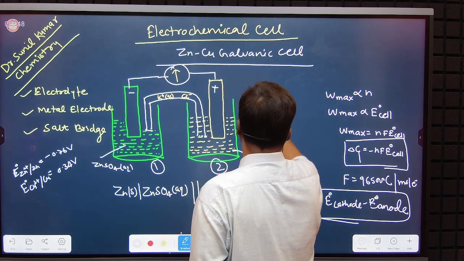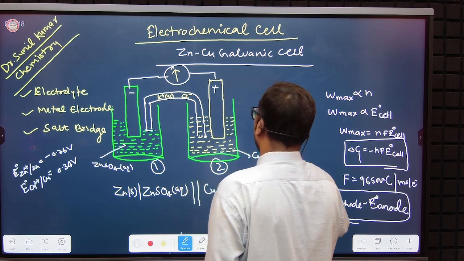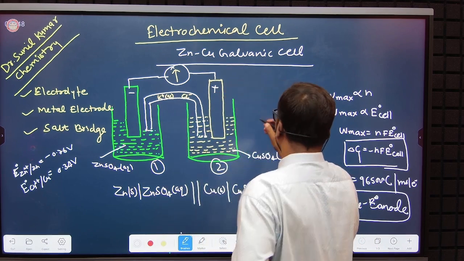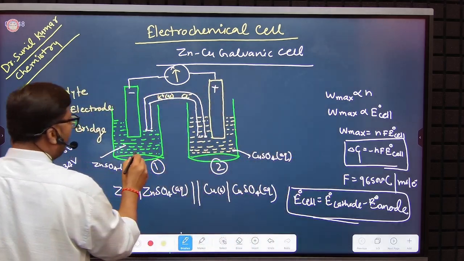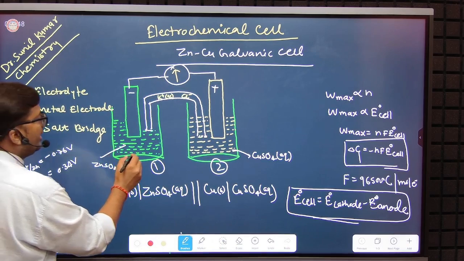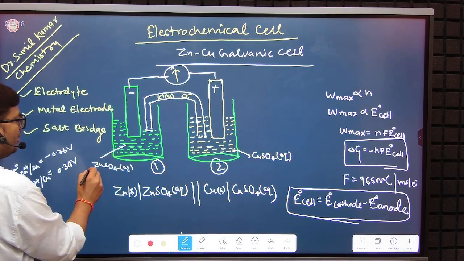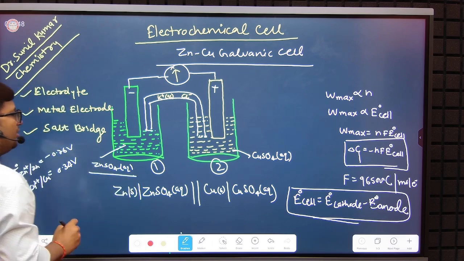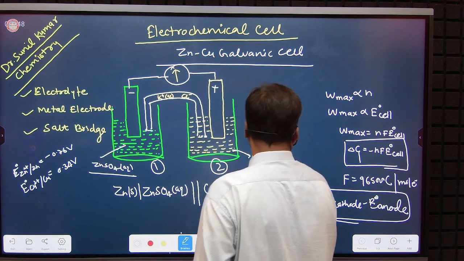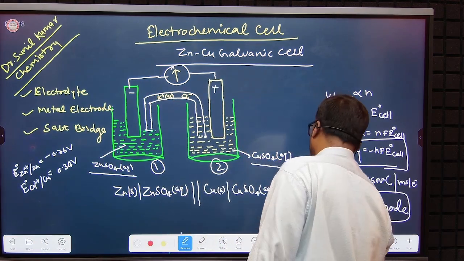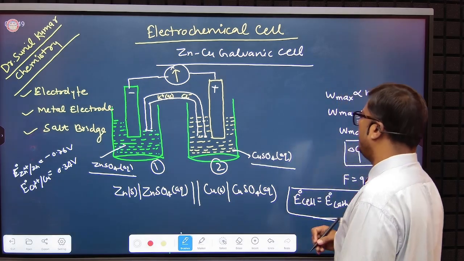Electrolyte means this is an aqueous solution. The first container contains an aqueous solution of zinc sulfate, and the second container contains an aqueous solution of copper sulfate.